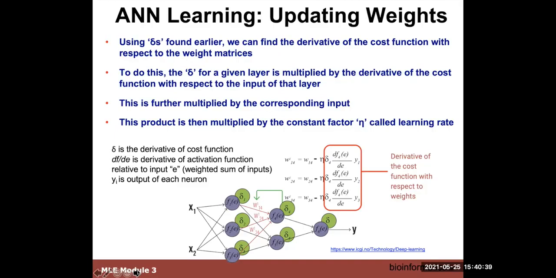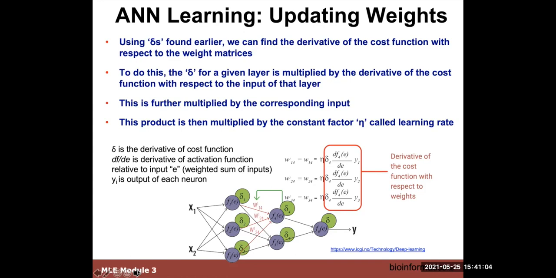And then these are also multiplied by the output value, which is either y1, y2, y3. So in this case, we're able to modify the new weights with this collection of learning rates, errors, and derivatives with respect to the weighted sum of the inputs.